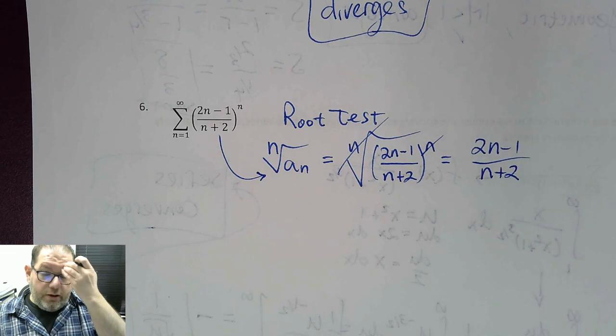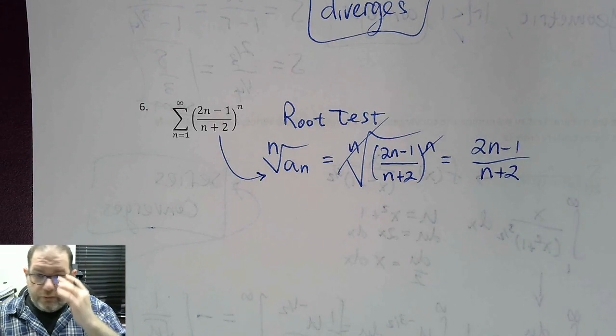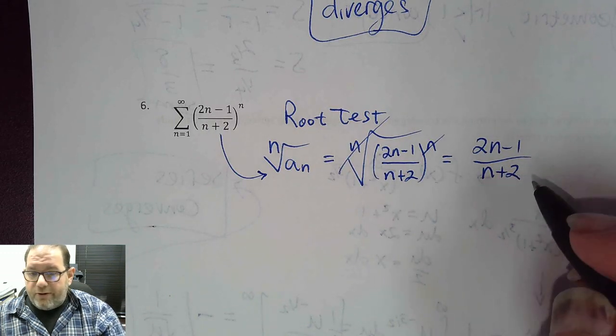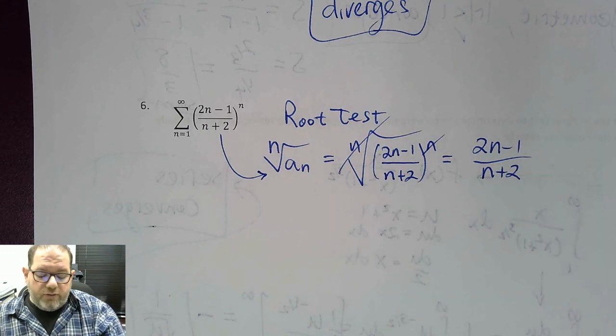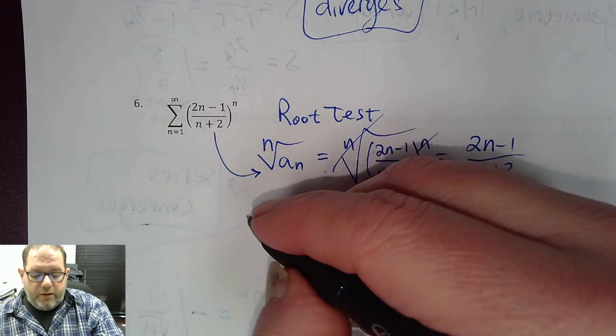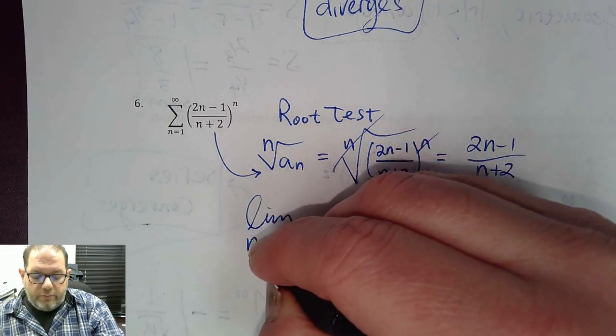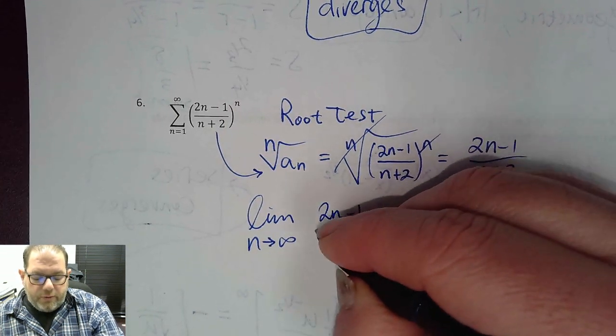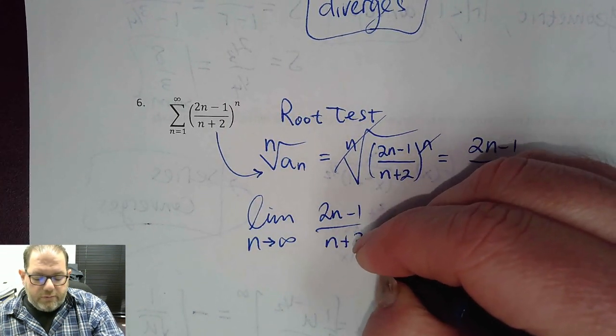Okay. Now, further, the root test says, let's just take the limit of this thing. If the limit is bigger than 1, it diverges, and if the limit is smaller than 1, it converges. So we take the limit as n goes to infinity of 2n minus 1 over n plus 2.